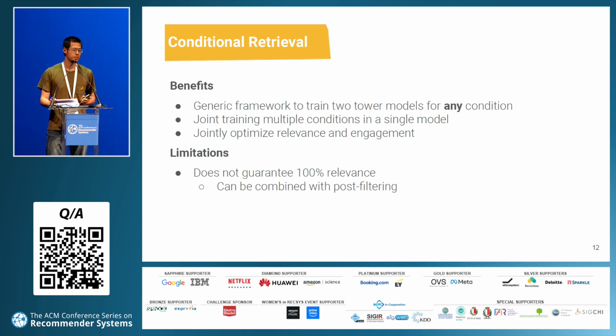And of course, there's one limitation that we acknowledge, which is that this method still does not guarantee 100% relevance because this is embedding-based retrieval. So in production, we will probably also combine this with the post-filtering technique I mentioned above.